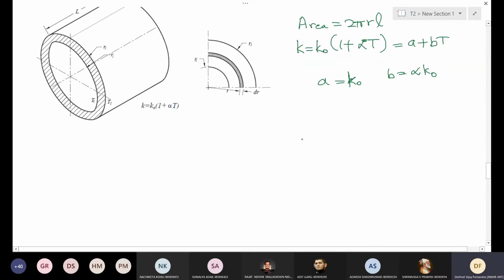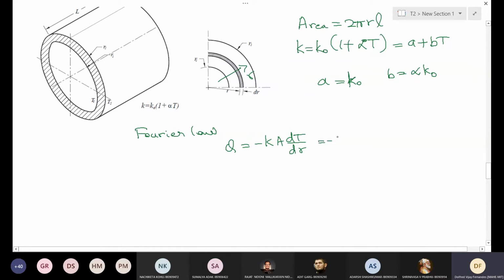So now apply the Fourier law, Q equal to minus K A dT by dr. Radial heat flow in this case, r direction. Substitute for area and thermal conductivity.